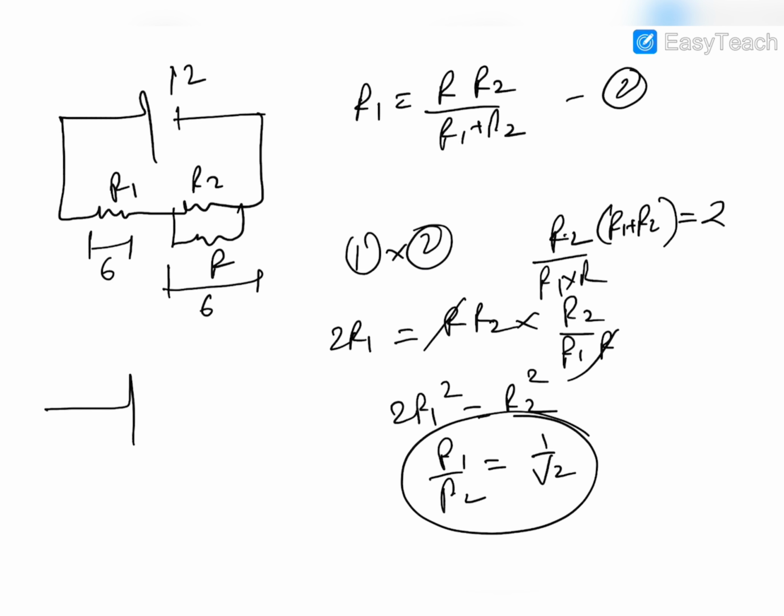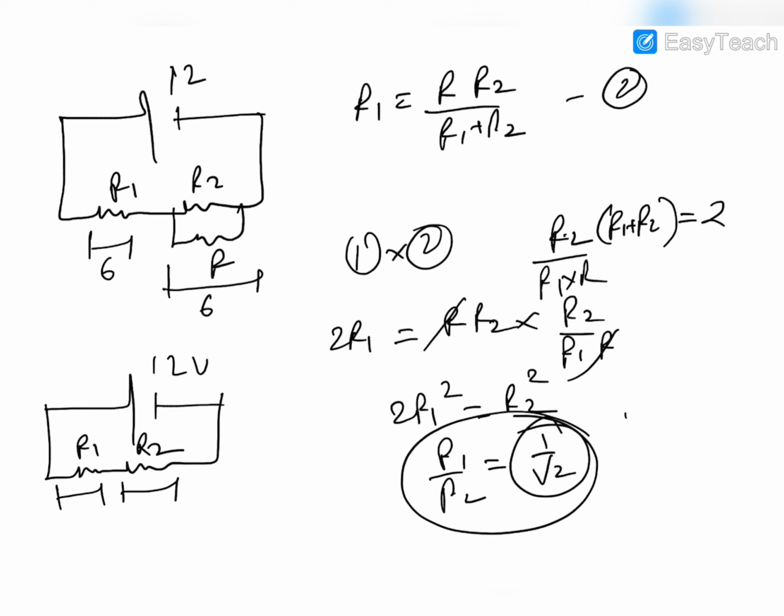If we wish to find the original voltage across R1, we can divide the voltage in this ratio. This is R1, this is R2, and the ratio is 1 by root 2. The total voltage is 12 volts.